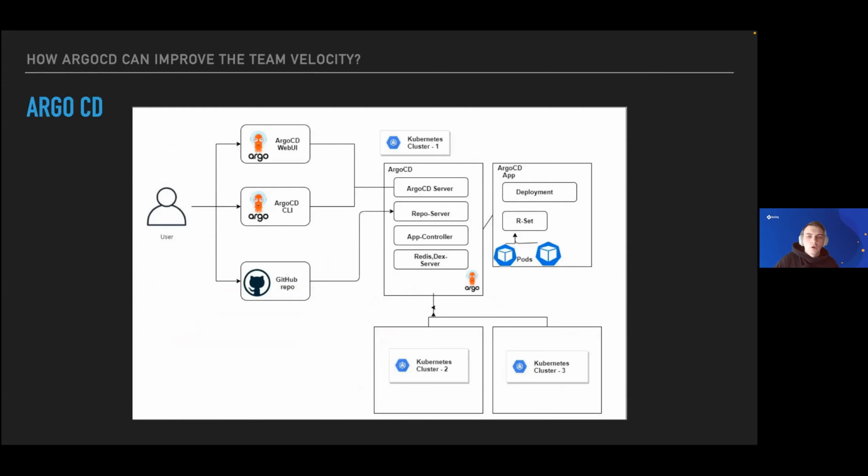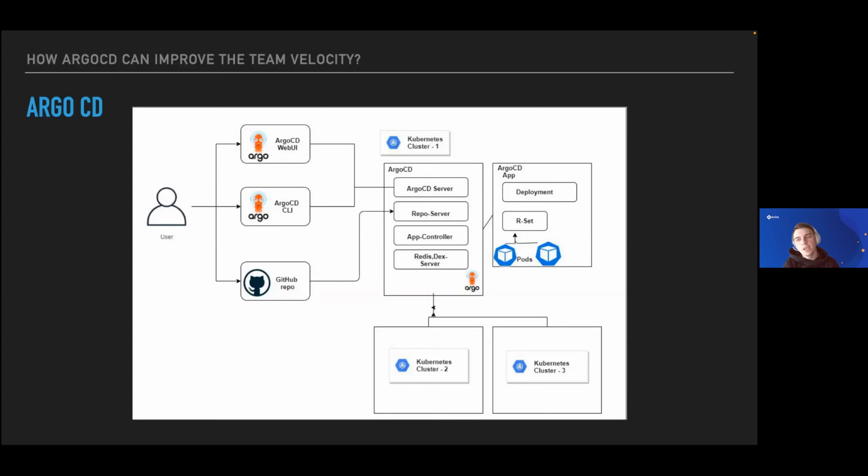What are the concepts, let's say? First of all, it has some UI and command line interface, which allows you to interact with the Argo CD server, deployed inside or outside of the cluster, depending on the way you are going to work with it. And it has a repo server, which is responsible for synchronizing the changes between your repository and Argo CD.